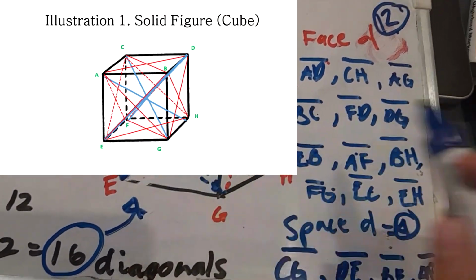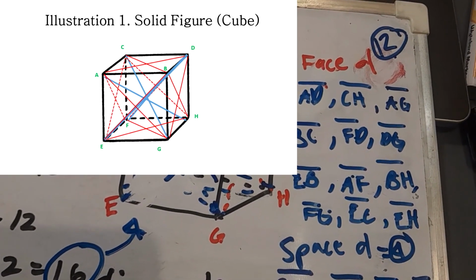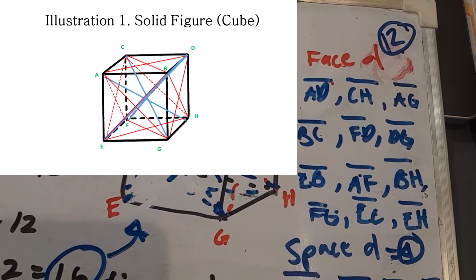There is 16 diagonals in one solid figure called cube.